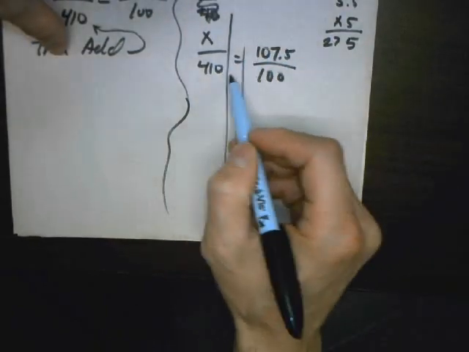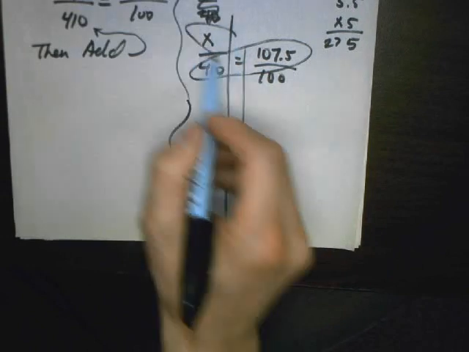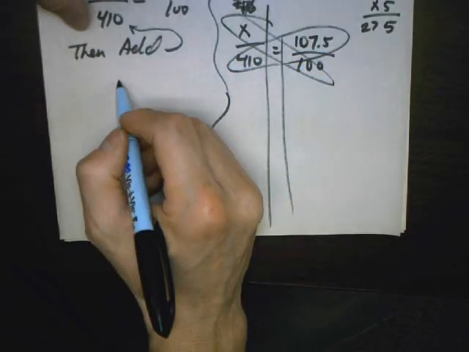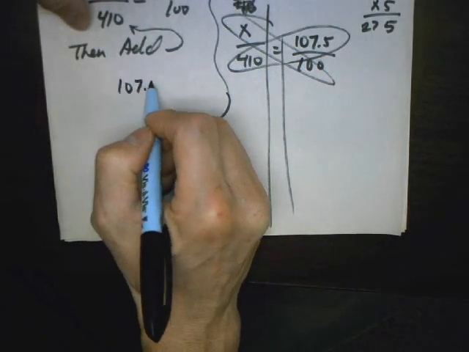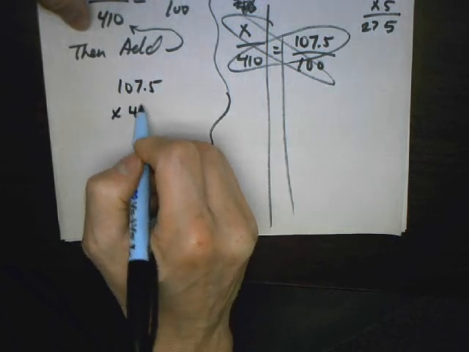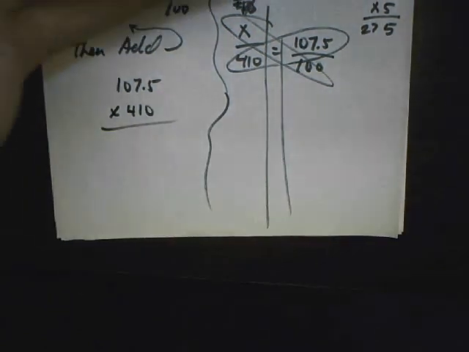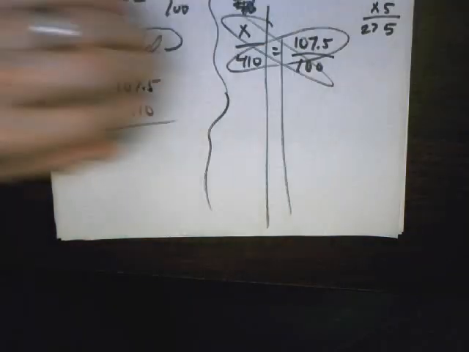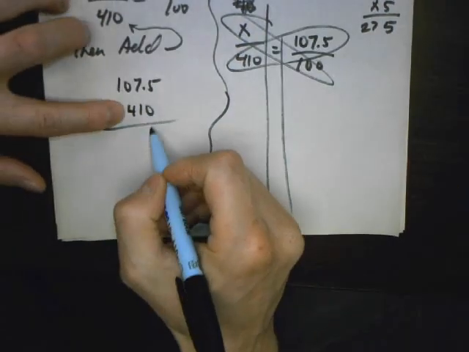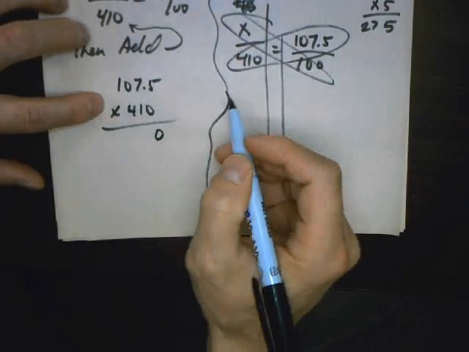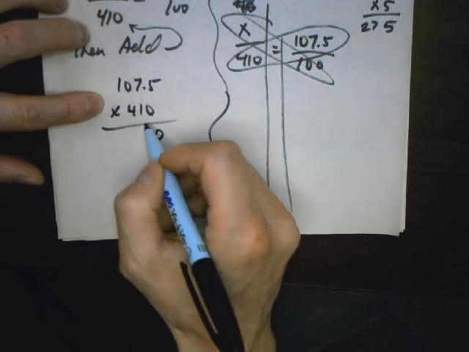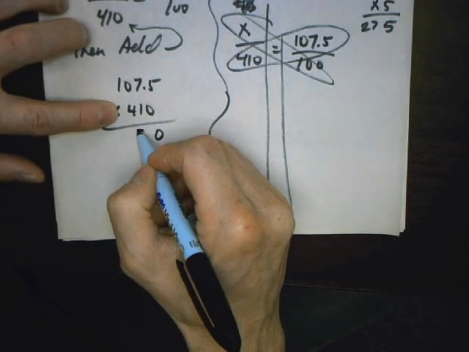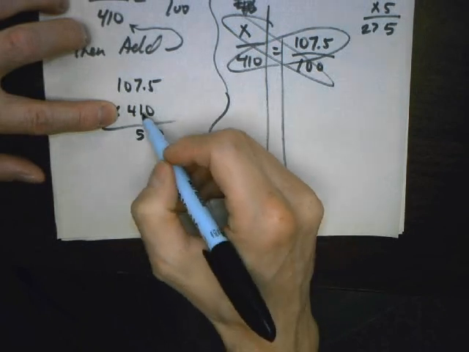So I'm going to go ahead and cross multiply. I got this times this and this times this. So I'm going to put the number with the most digits on top, 107.5 on top, times 410. Okay? So when I multiply these two, I go ahead, see that 0, so I skip a spot. Now I got 1 times 1075. So 1 times that is 5. Just try to keep these lined up here.